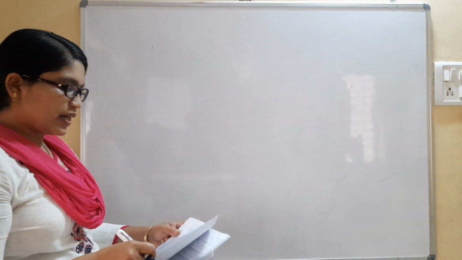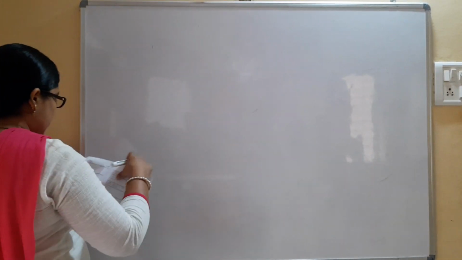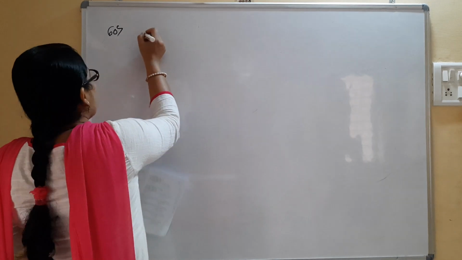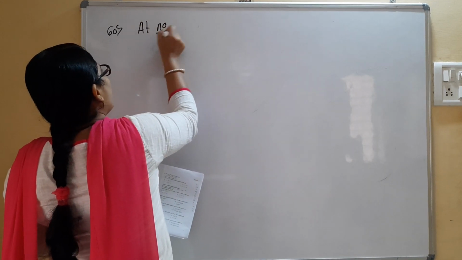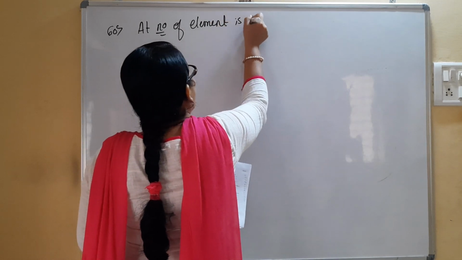Moving to the next question, dear students, that is the 60th question. The atomic number of an element is 20.